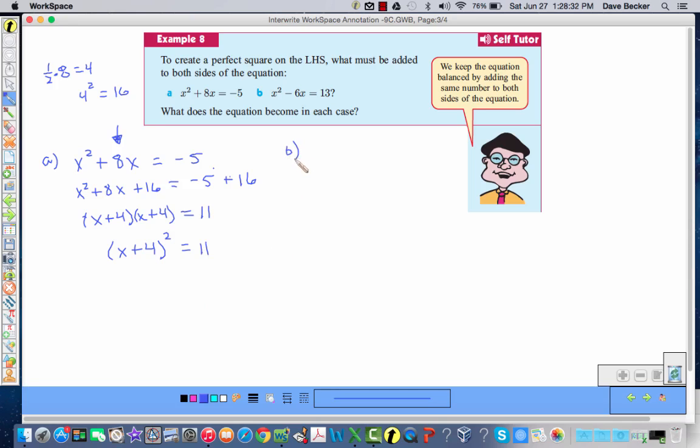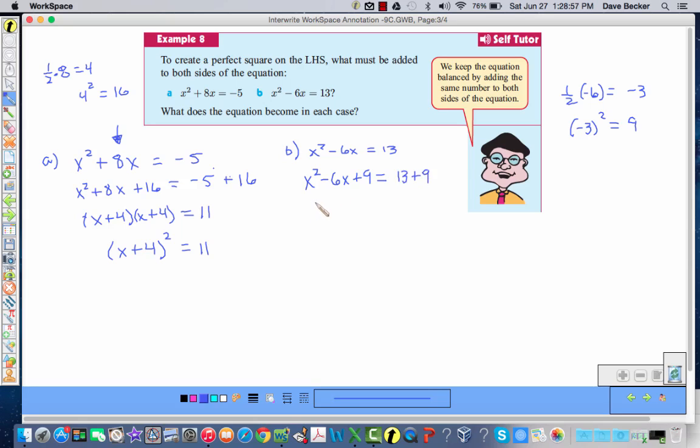So same deal here. X squared minus 6x equals 13. So I'm going to take 1/2 of negative 6, and that equals negative 3. And then negative 3 squared is equal to positive 9. So I'm going to add 9 to both sides. And then life is good.